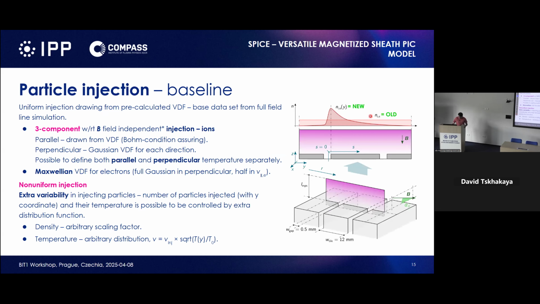Again, this is an example of how it looks. We have here three PFC tiles. This is the simulation box in pink, and this old flat profile of the injection density is compared to the real one, which is on the scale of the PFC size or the simulation box size.